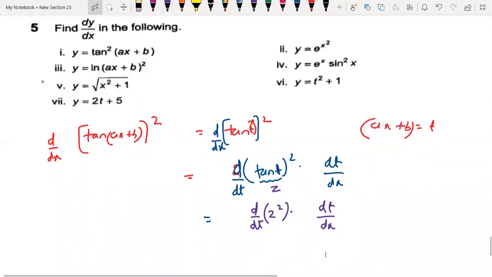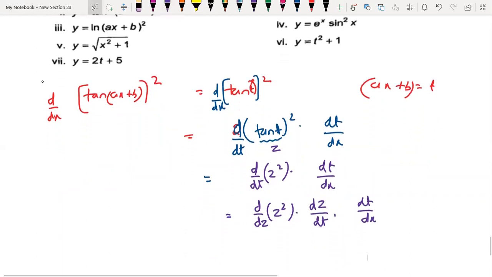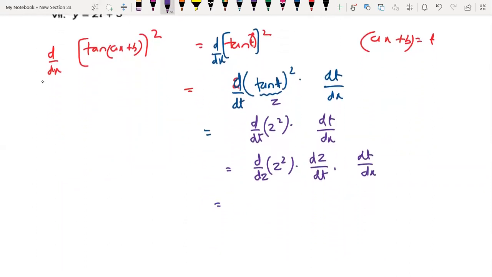Now to solve it, we will multiply and divide by dz, into dz by dt into dt by dx. So that is two variable changes. Z square is 2z. फिर हमने z के स्क्वायर जूम किया था tan t, तो d by dt of tan t, और हमने t की स्क्वायर जूम किया था ax plus b को, so d by dx of ax plus b.